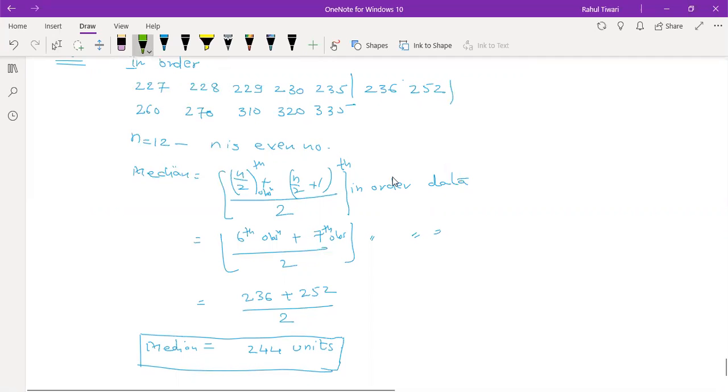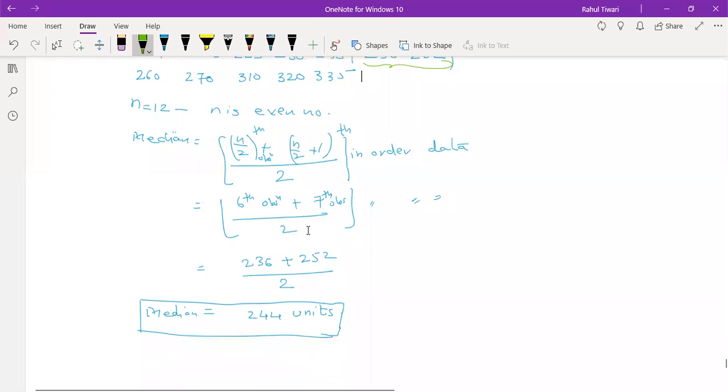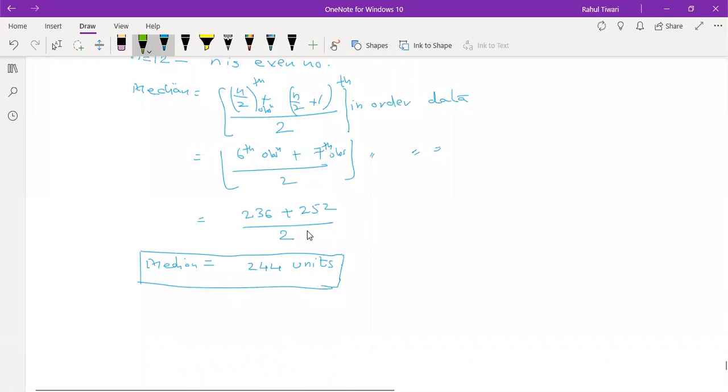If you add up these two, I will get directly the median, which is 244. So one can go with the shortcut method, assuming this data. Therefore, the median of consumption of electricity bill is 244.